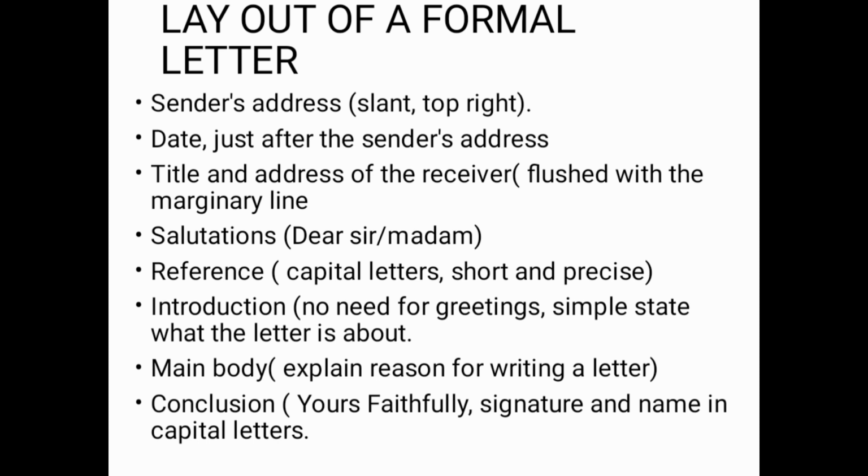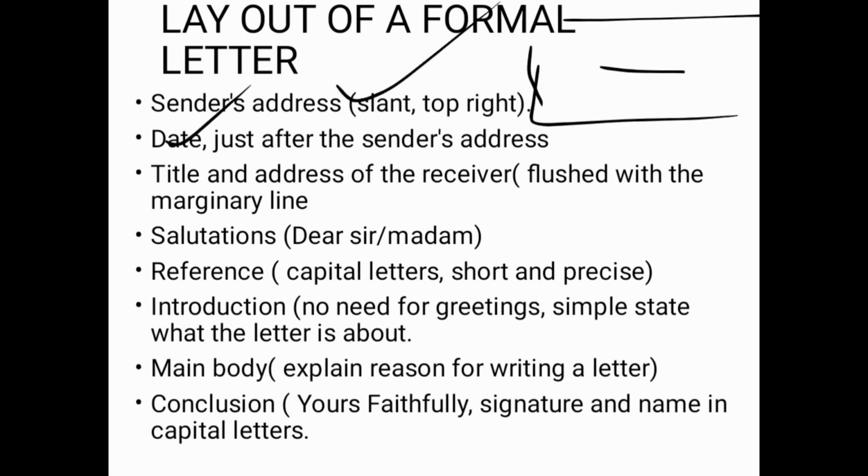The first one is the sender's address. The sender's address is written on the top right, the same way we write the sender's address in the informal letter. Then secondly, you write the date just after this address. You leave a gap. From the sender's address and the date, you write the title and address of the receiver.